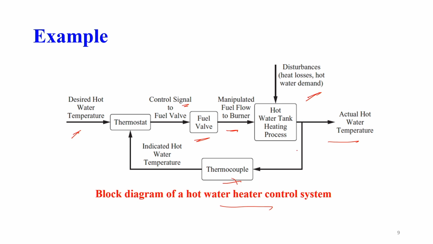So, in this way you can see a very simple example, the hot water tank heating process. In this case you measure the temperature, compare it with the desired temperature, and then the necessary action will be taken, either heating or cooling.